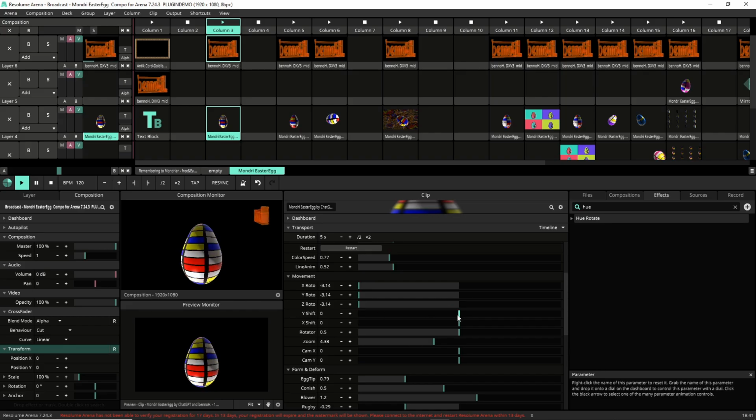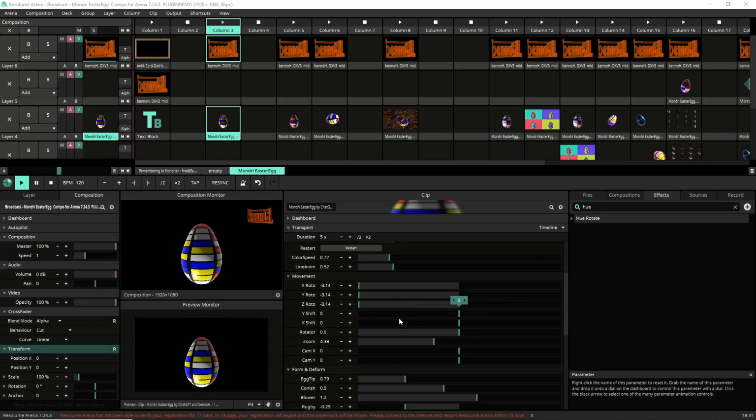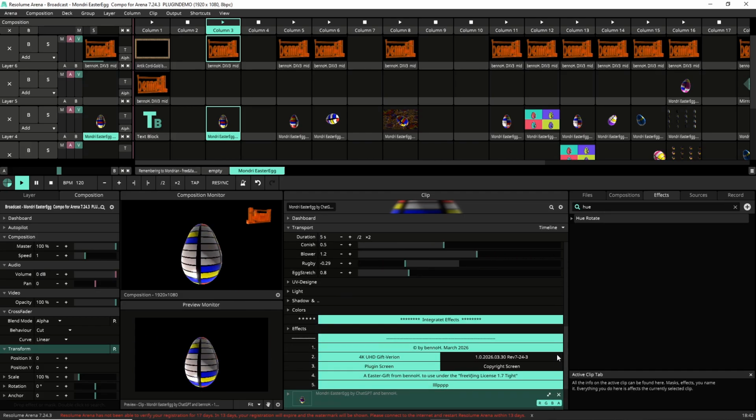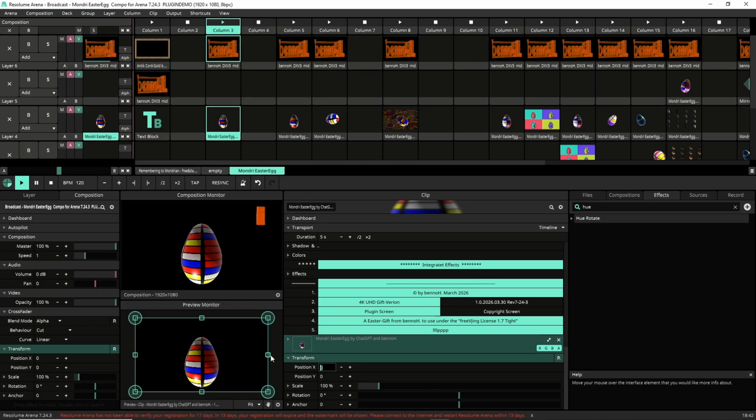And what you can also do is shift the whole thing. You can shift that. So you don't need the transform here. It's anyway crazy that it's not shifting automatically.